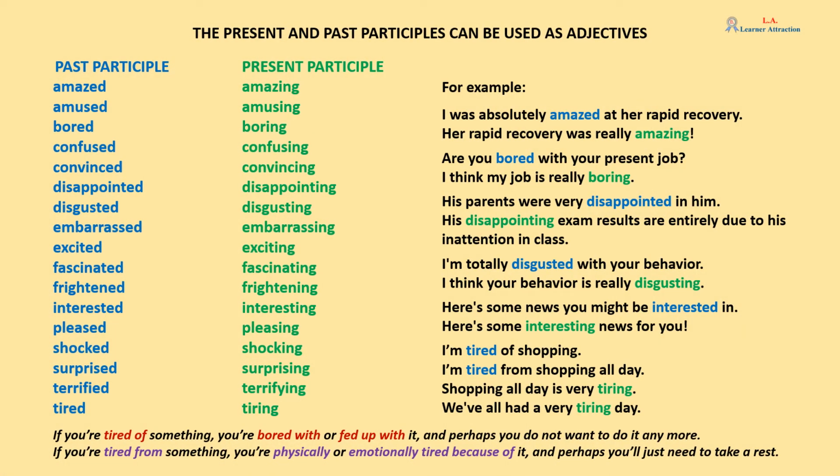The present and past participles can be used as adjectives. The past participle, amazed. The present participle, amazing. Amused, amusing. Bored, boring. Confused, confusing. Convinced, convincing. Disappointed, disappointing. Disgusted, disgusting.